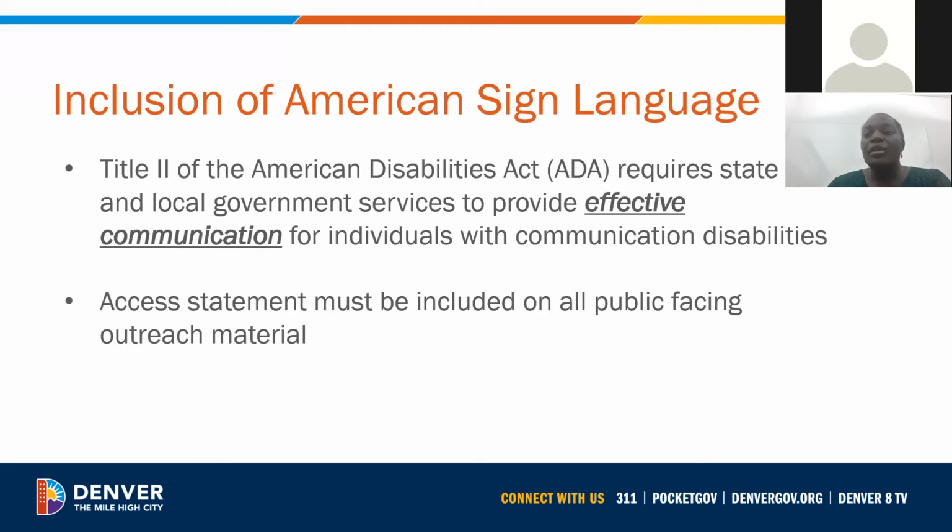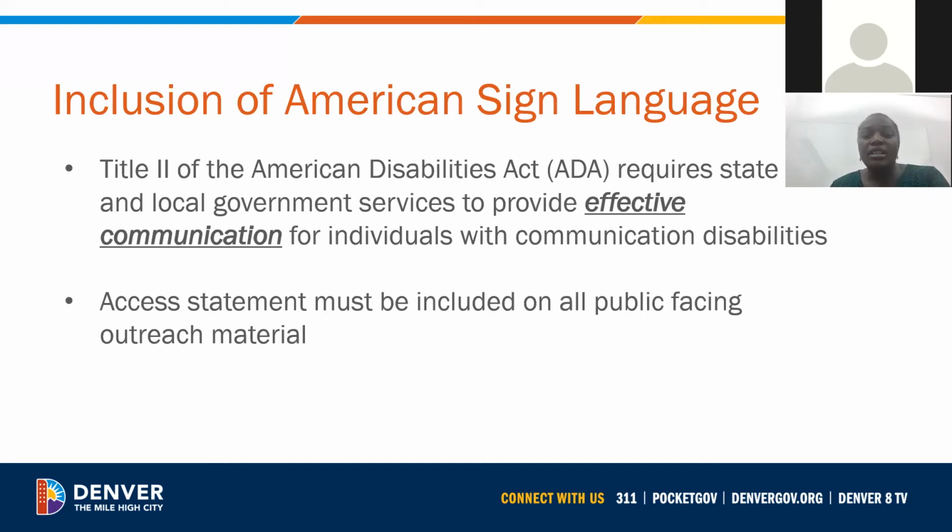So, the inclusion of American Sign Language. We wanted to highlight that Title II of the Americans with Disabilities Act requires state and local government services to provide effective communication, that is the standard, for individuals with communication disabilities. The Office of Sign Language Services, as well as the Division of Disability Rights, has produced an access statement that must be included on all public-facing outreach materials.